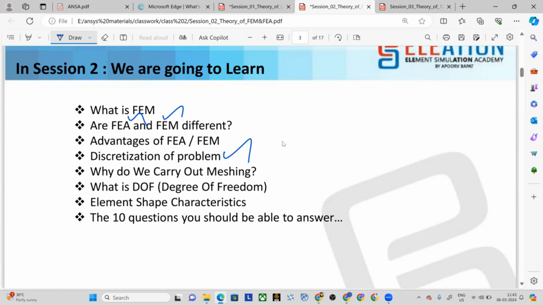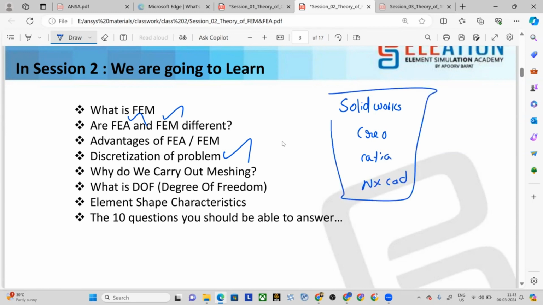See, the CAD model, they'll draw using software like SolidWorks. Have you heard about SolidWorks, Creo, CATIA, NX CAD? These are all the software they will use to create the model. The dimensions for the product would be initially given to them with some views, like orthographic views.